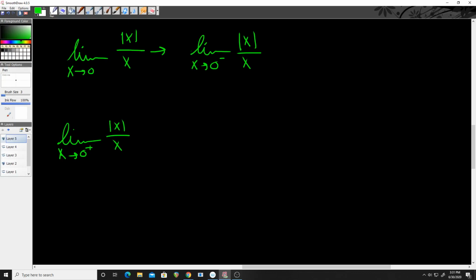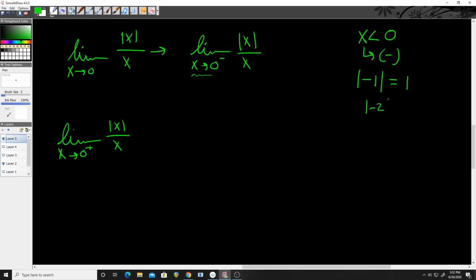Well, if I do the left-hand limit, if I approach from the left of 0, that means x is less than 0. In other words, x is negative. Now, let's think about some negative numbers. Absolute value of negative 1 is 1.